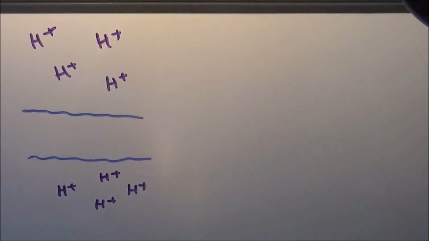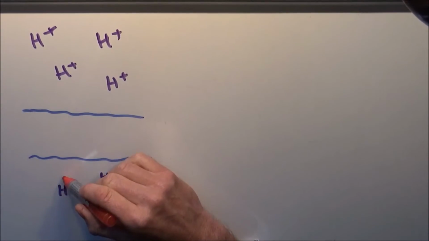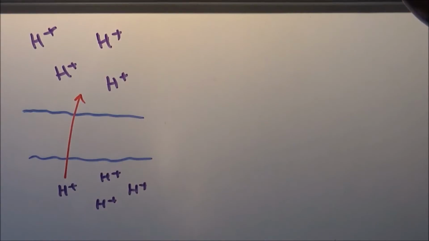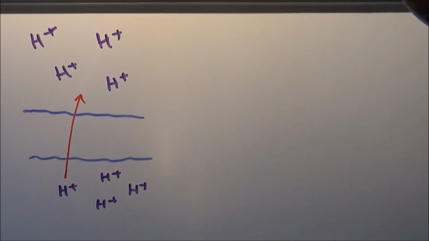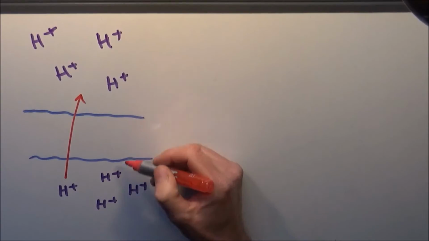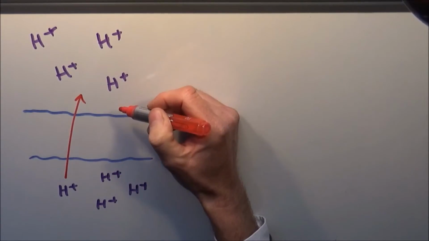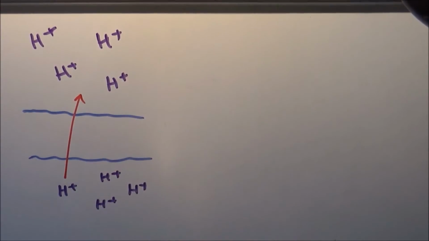If we wanted to transfer protons from this side of the membrane to this side, first of all, we couldn't do it through the phospholipid bilayer, so it would have to be some kind of proton channel or transport protein. But in order to send protons from this side to this side, we'd have to have an input of energy.